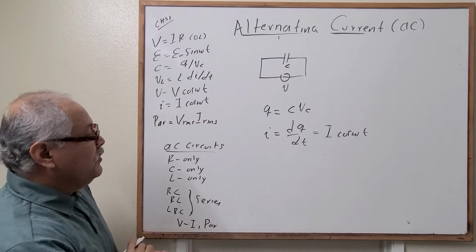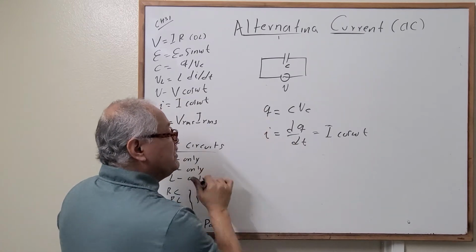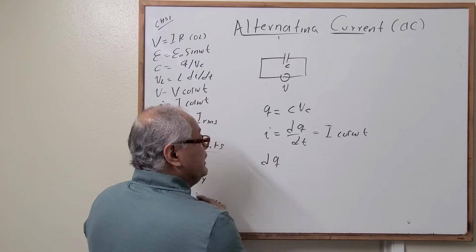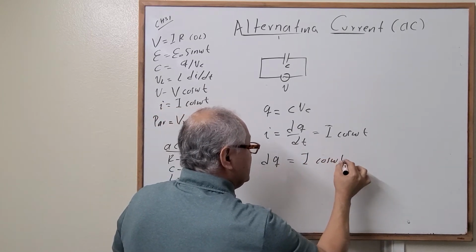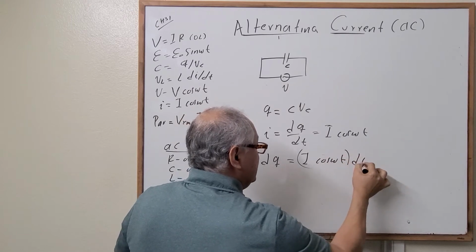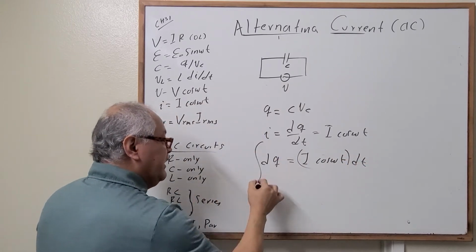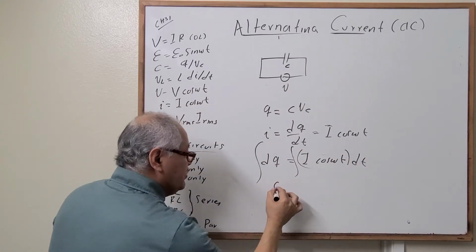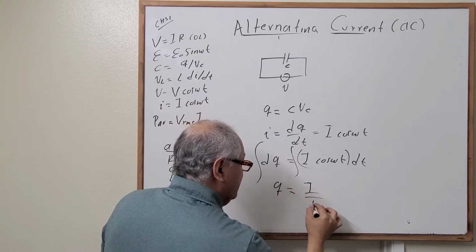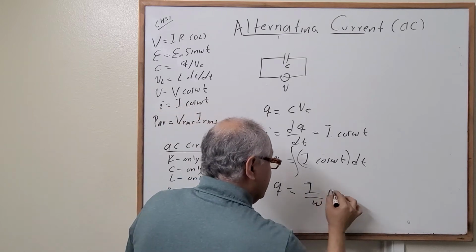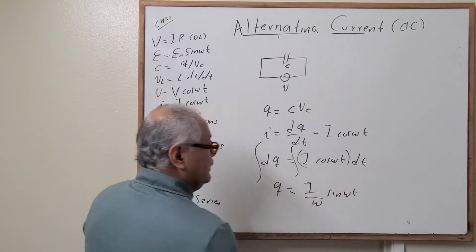Because we're looking for the charge, let's solve for it: dq equals maximum current cosine omega t times dt. Now let's integrate both sides, and the charge is equal to maximum current divided by omega times sine omega t.